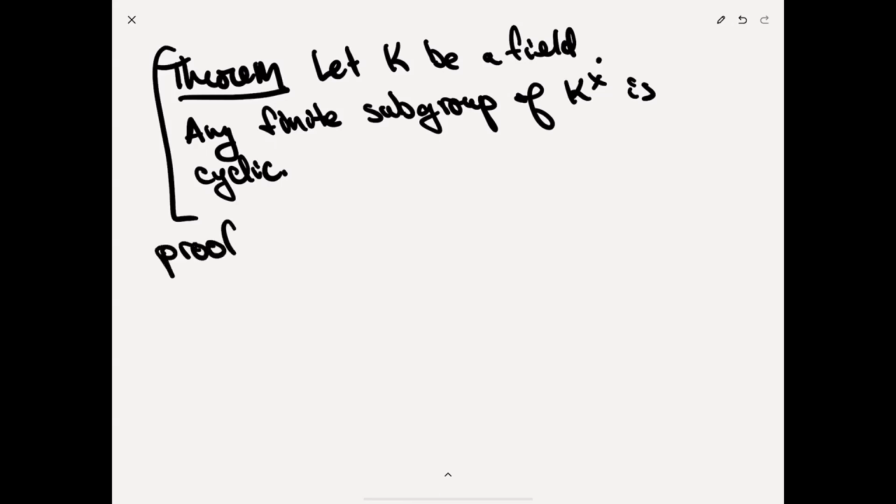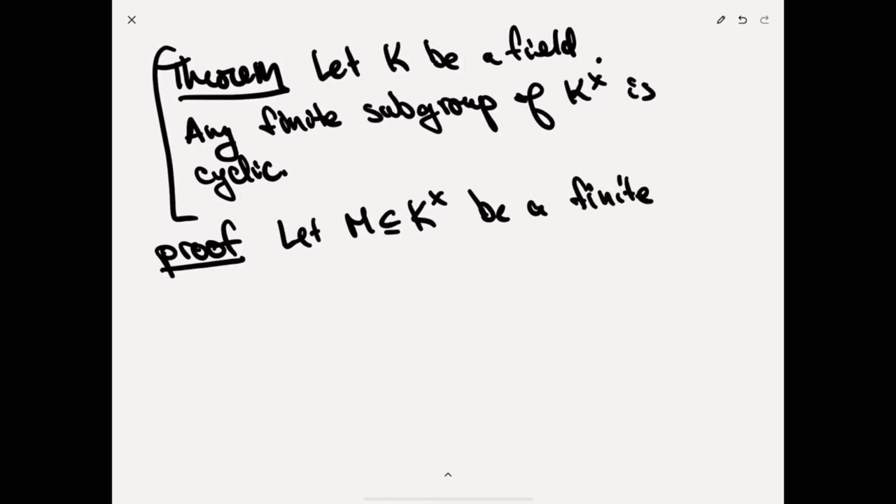Proof. Okay, so the proof is really cool. The proof uses the fundamental theorem of abelian groups, this invariant factors, elementary divisors thing. So let M be a finite group, and I'm going to show that this is cyclic.